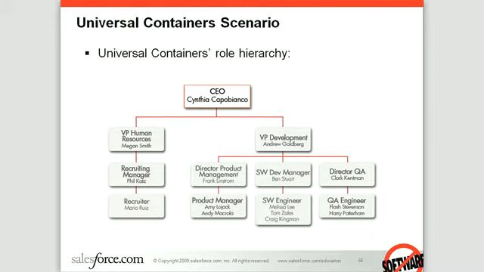Role hierarchies allow us to automate the sharing of records with other users based on their position in a hierarchy. We might have a sales rep and a sales manager, and the sales manager is a manager for three sales reps.